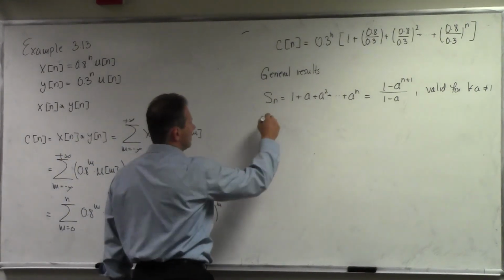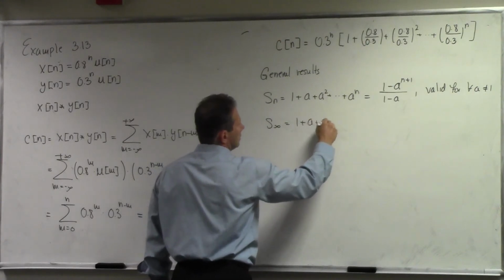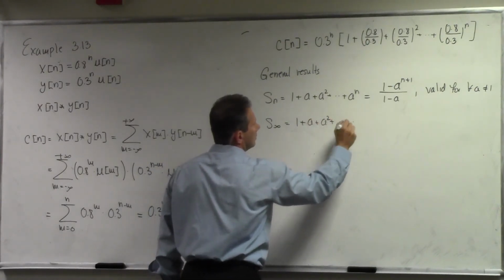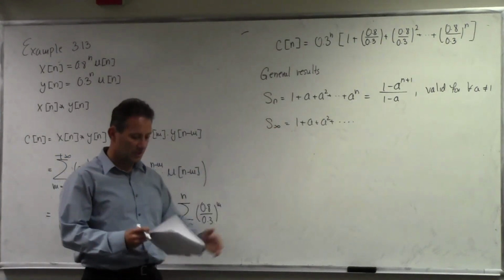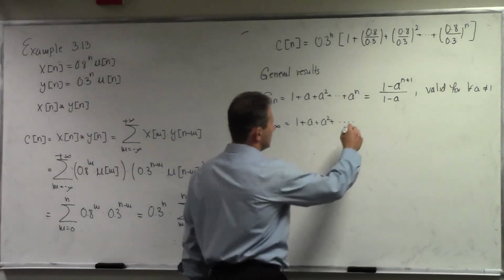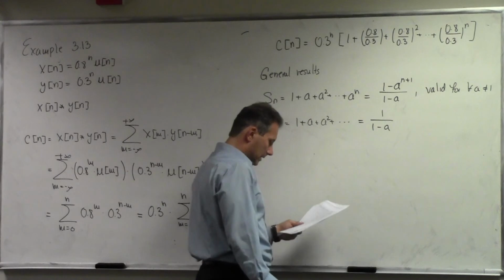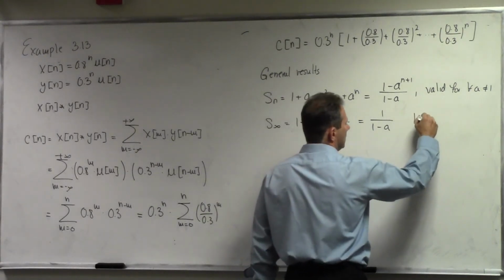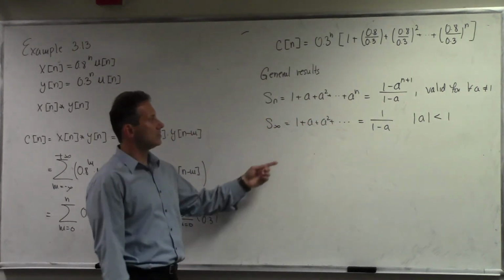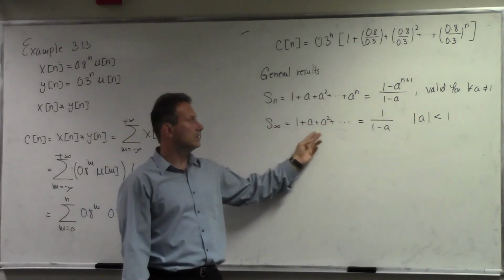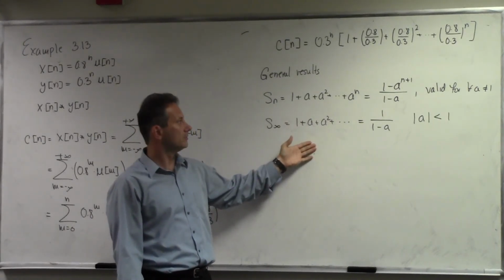The second general result is S infinity. Now it becomes tricky because there is no n here. This is not n numbers, this is a series. And the general result here is that this is equal to 1 over 1 minus a, but under the condition that a is strictly smaller than 1 in magnitude. If a is larger than 1 in magnitude, then this may not converge. Actually, almost always it's not going to converge.